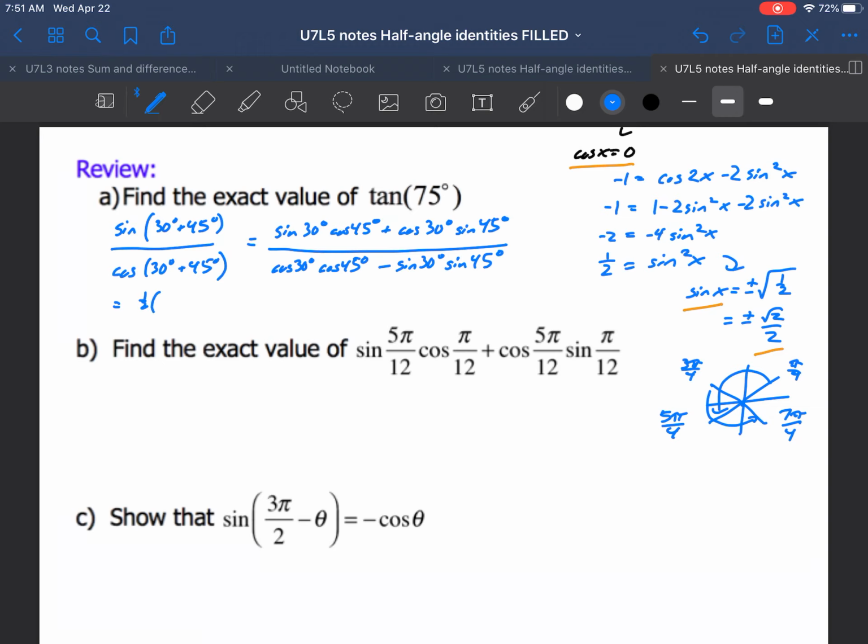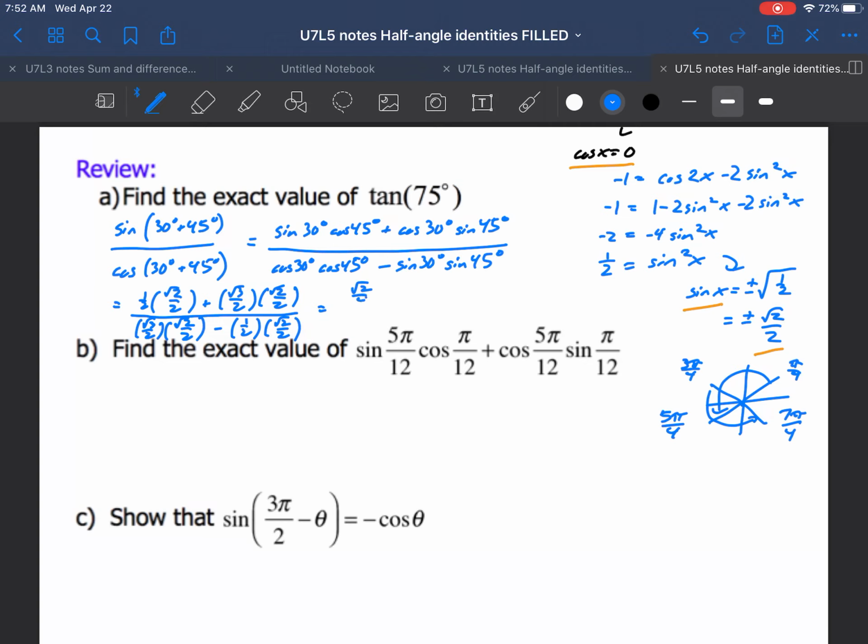Okay, this is equal to sine 30 is a half, cosine 45 is root 2 over 2, cosine 30 is root 3 over 2, and sine 45 is root 2 over 2. And then if we do that in a little bit of a different order, well, this is root 3 over 2. Hopefully you guys can read my writing. This is root 2 over 2. That's a minus. Sine 30 is a half. And sine 45 is root 2 over 2.